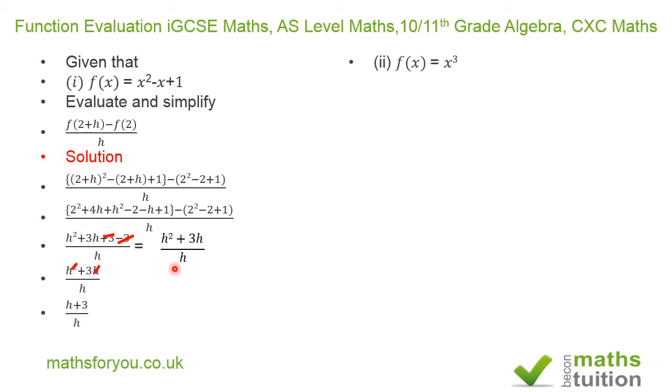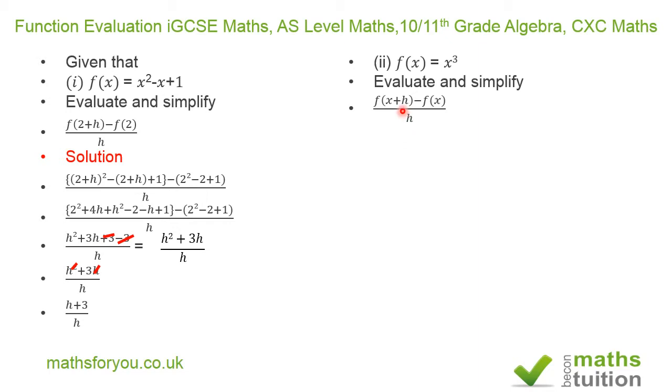Now, for the second question, we're given that f of x is equal to x cubed, and we're asked to evaluate and simplify f of x plus h minus f of x, divided by h.